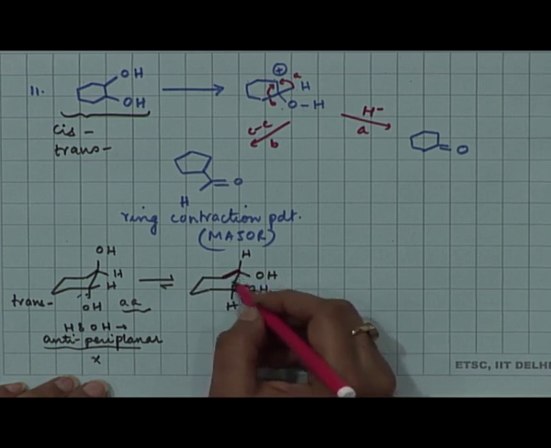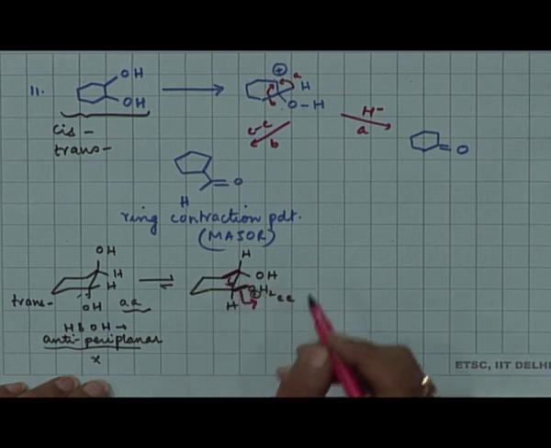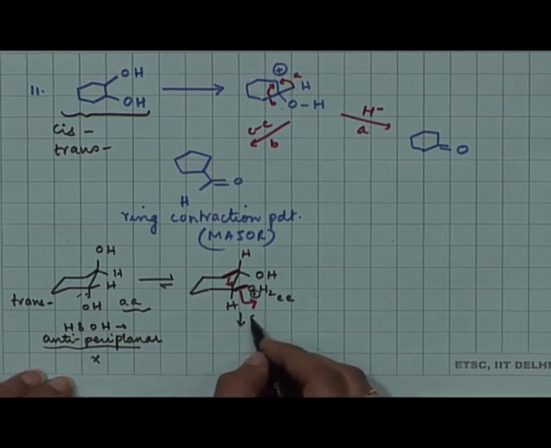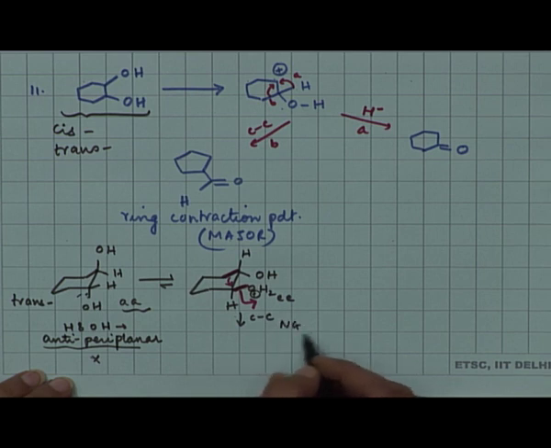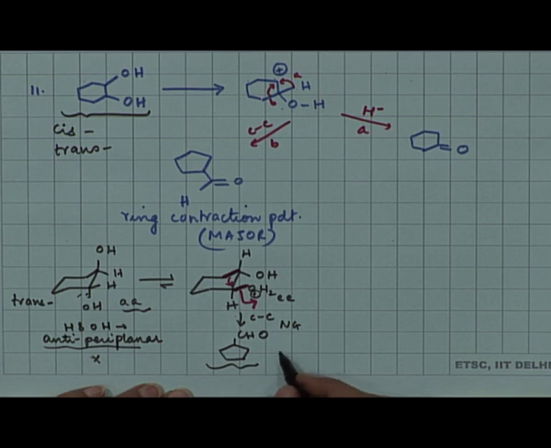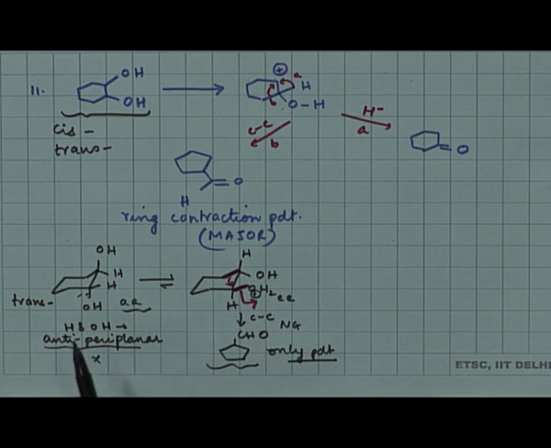So, this carbon-carbon is what is anti-periplanar to the leaving group, and therefore, you get a carbon-carbon bond migration, which is actually acting as the neighboring group in this case and giving you only one product, which is the ring contraction product. So, the CC is anti-periplanar to the leaving group, and you get only one product when you start with the trans isomer from the di-equatorial conformation.